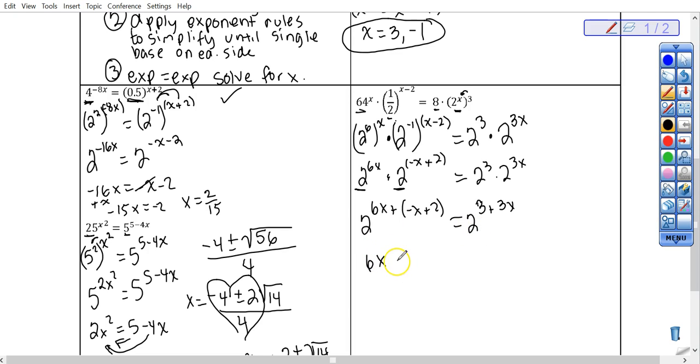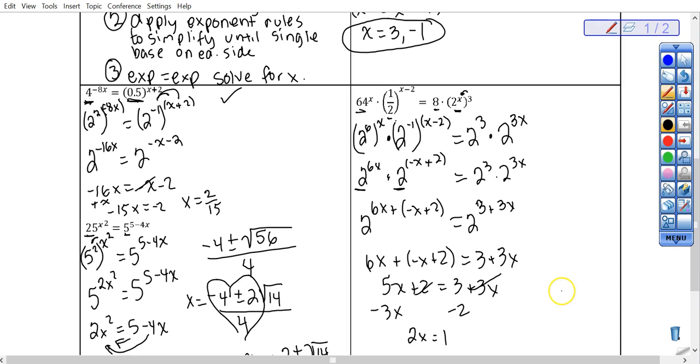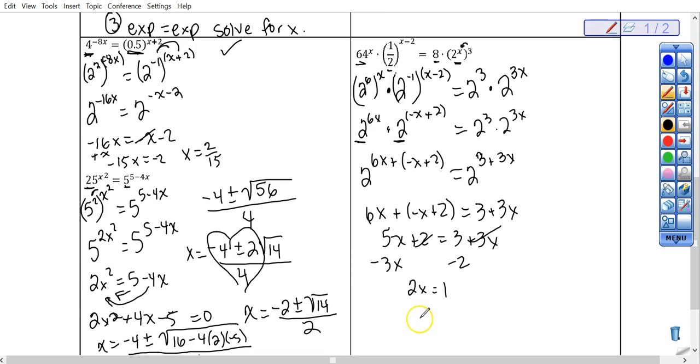So 6x plus -x plus 2 equals 3 plus 3x. And then we'll simplify, so we get 5x plus 2, 3 plus 3x. We'll subtract the 3x to the left and subtract the 2 to the right. So we get 2x equals 1 and x equals 1/2.